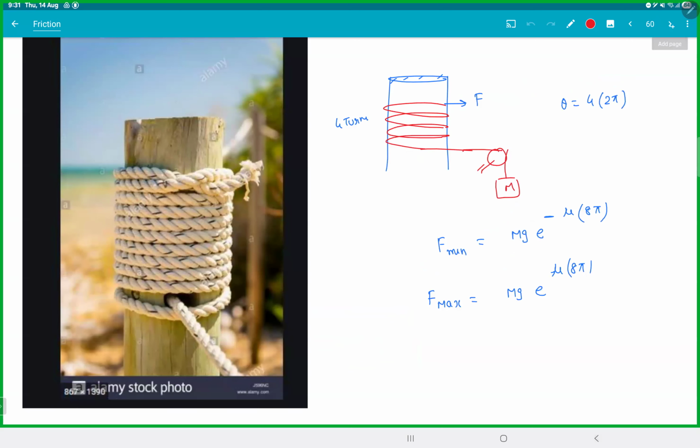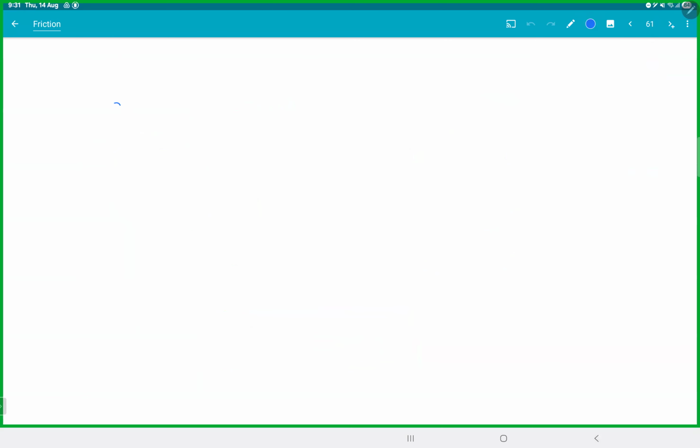So how will they frame a question? I'll ask you, tell me what will be the answer for this. Same question, if I ask you like this: on this side, I keep a block of mass m1, and on this side you keep a block of mass m2. So we have a rough rope here. This is mu.